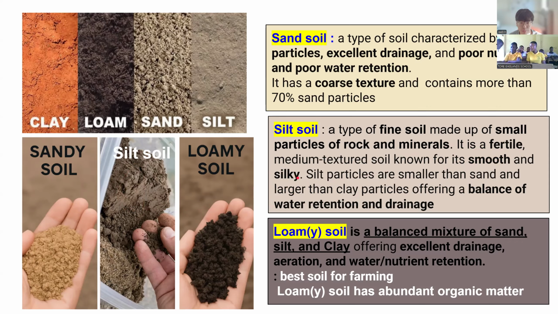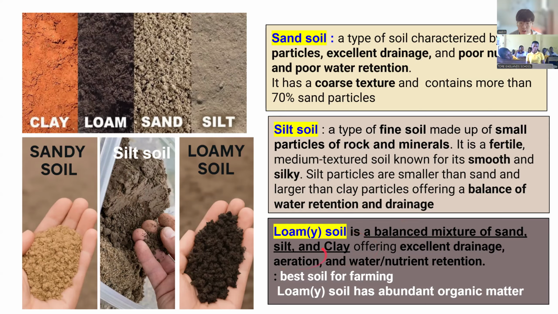Sand is very rough, but silt is very smooth and silky. The silt particles are smaller than the sand particles, but they're larger than the clay particles, which are very, very small particles. So silt soil offers a balance of water retention and drainage.